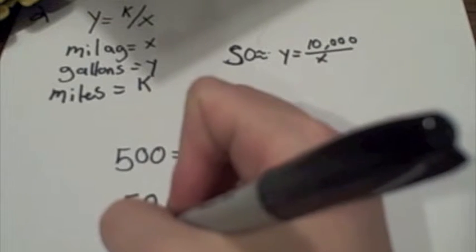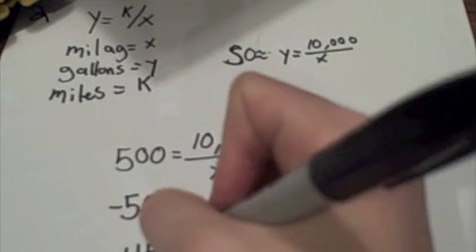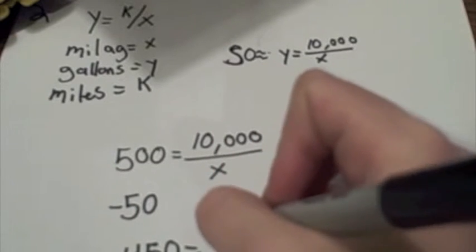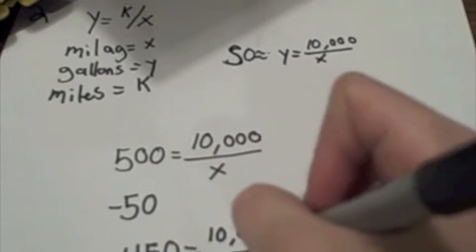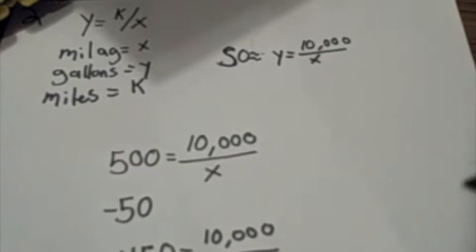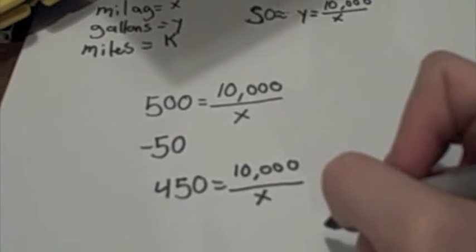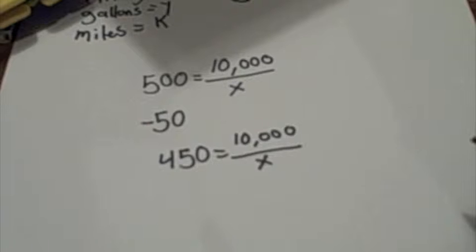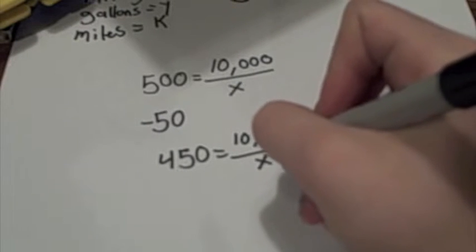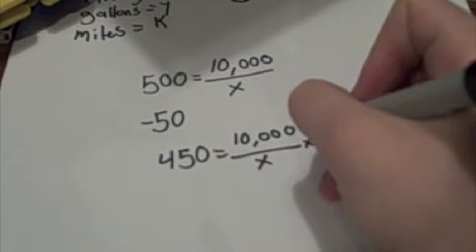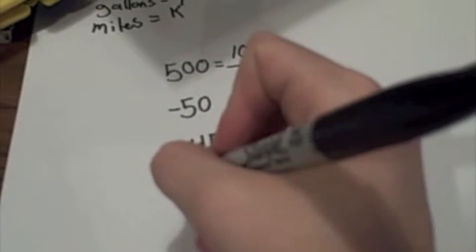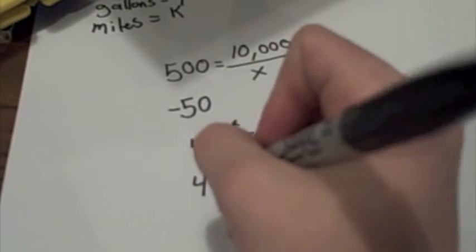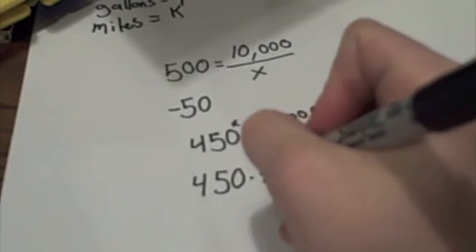So that'll leave us with 450 equals 10,000 over x. Now to get rid of it, we have to multiply by x on both sides, and then divide by 450 on each side to find what x is.